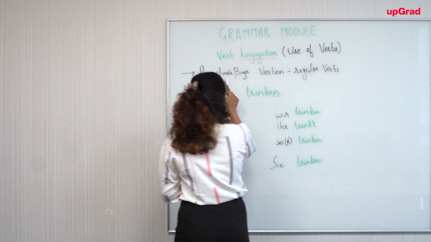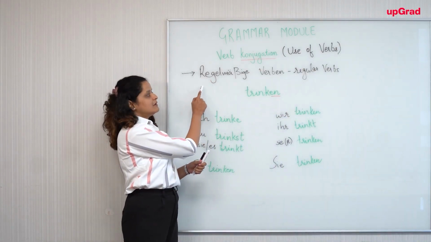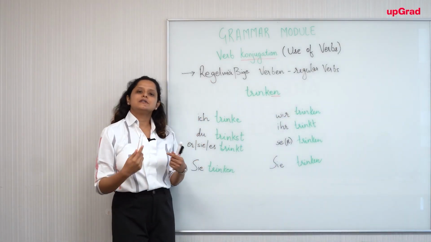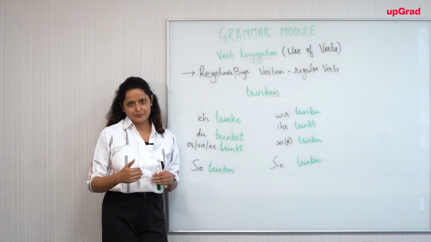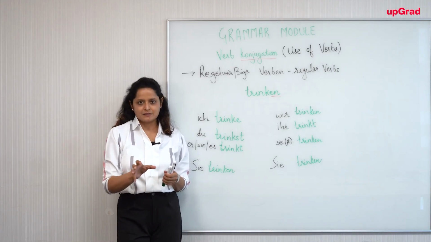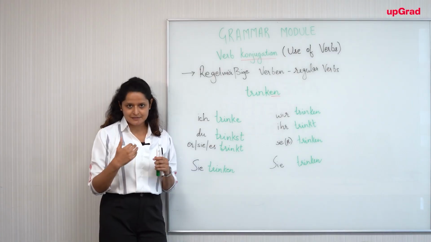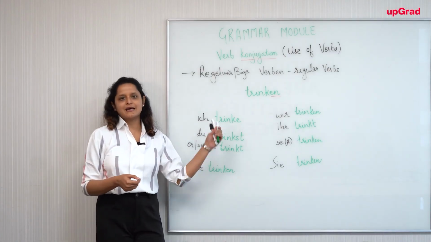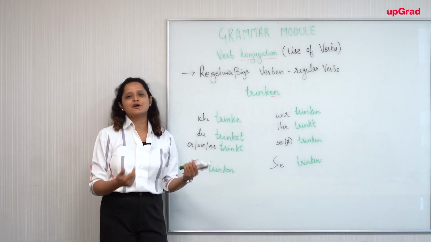under the category of regelmäßige Verben or regular verbs, the conjugations are usually uniform. So regelmäßige Verben follow a fixed pattern. That is, once you know a verb is regular, the conjugation and the use of that verb is not difficult.